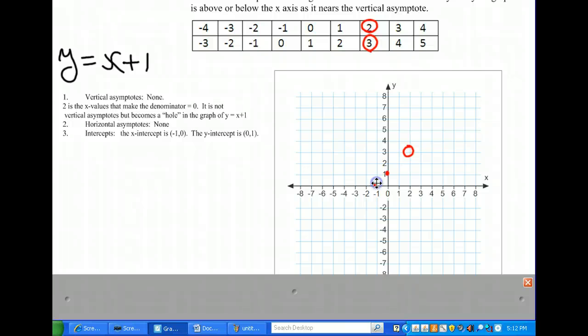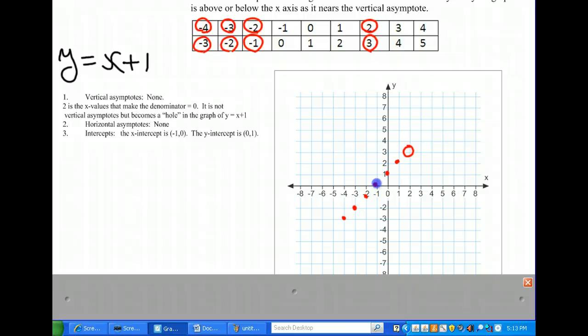When x is -4, y is -3. So we'll put that there. When x is -3, y is -2. Then (-2, -1). (-1, 0) we already put in there. (0, 1) we already put in there. (1, 2) is right there.